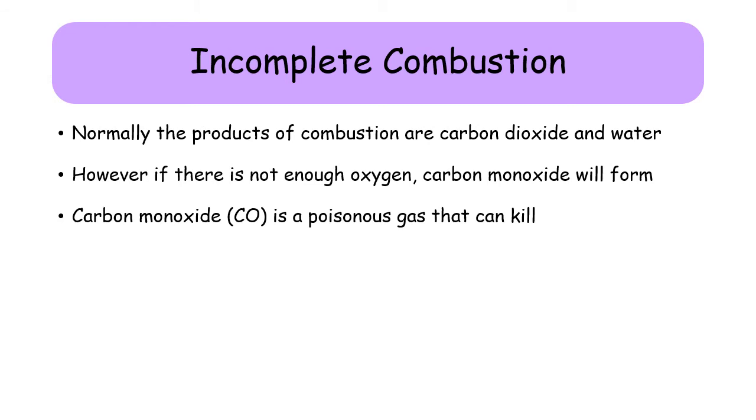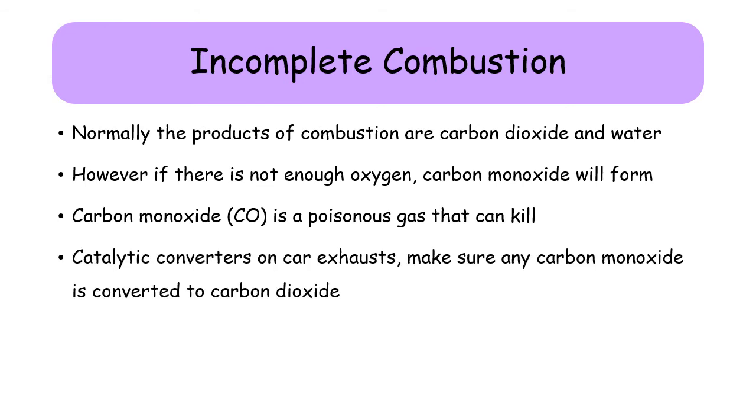And so we don't want to form carbon monoxide, and there are ways to prevent carbon monoxide forming. A good one is on car exhausts. They're fitted with things called catalytic converters. So catalytic means a catalyst is involved, and it's called a converter because it converts any carbon monoxide into carbon dioxide, which is a safer gas. It's definitely not poisonous.